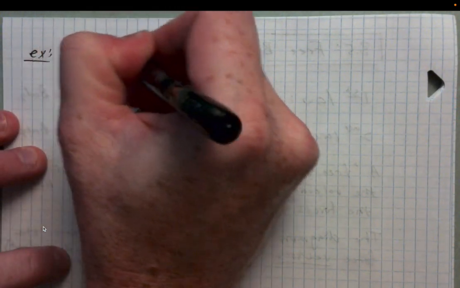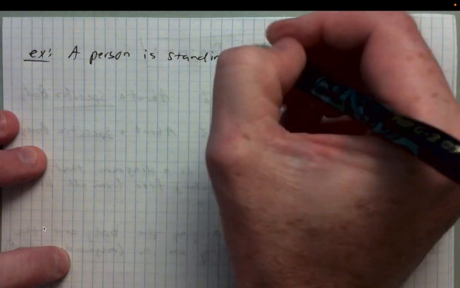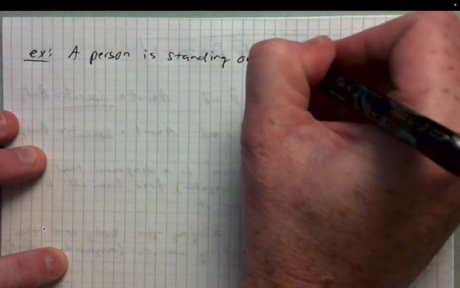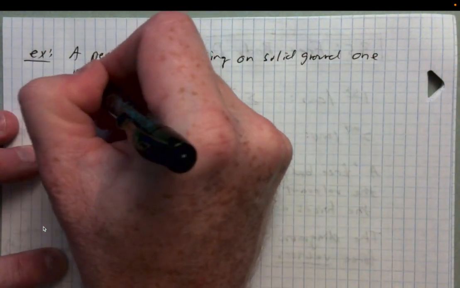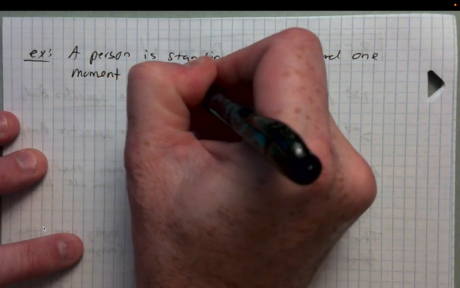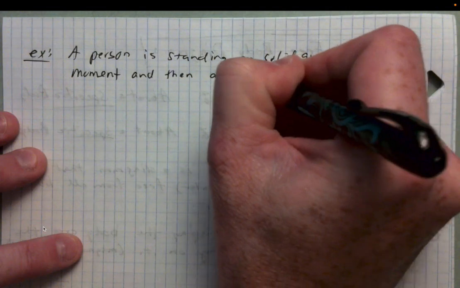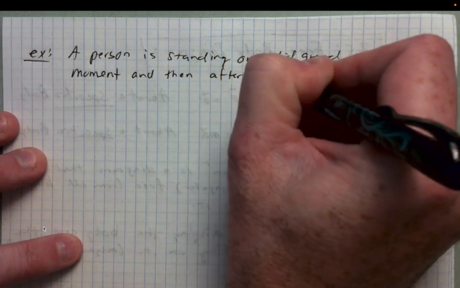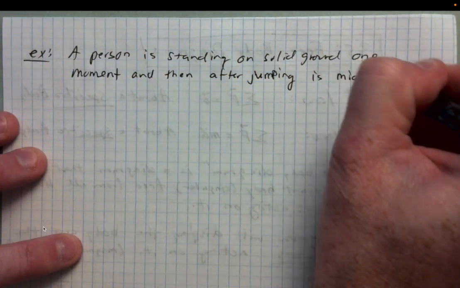A person is standing on solid ground one moment, and then after jumping, is midair. All right, so two instances, a before and an after.